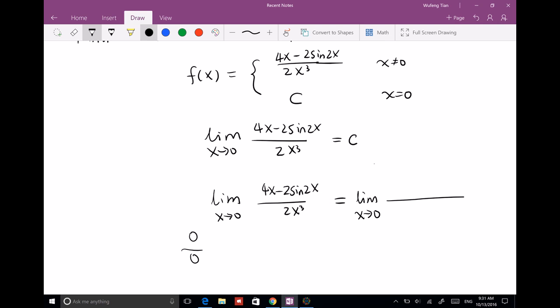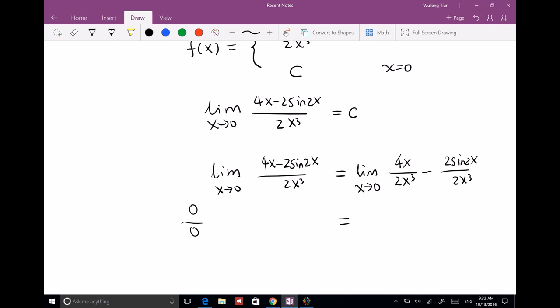So like 4x over 2x cubed minus 2 sine 2x over 2x cubed. Okay, we can do that. So then what?